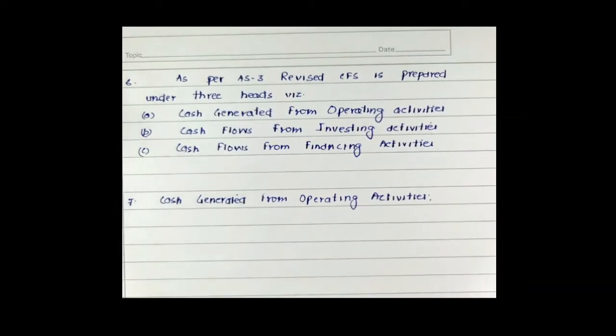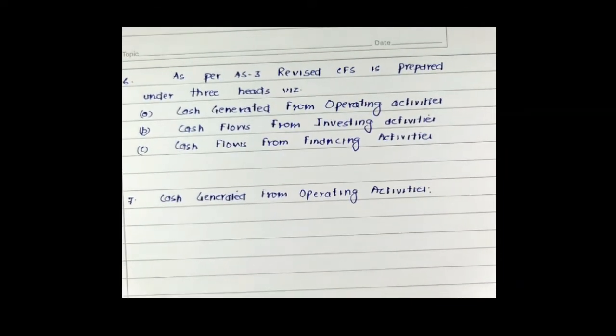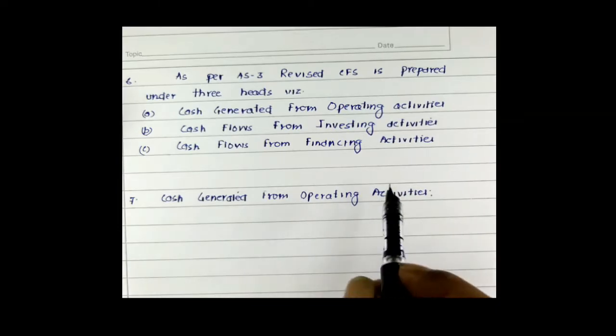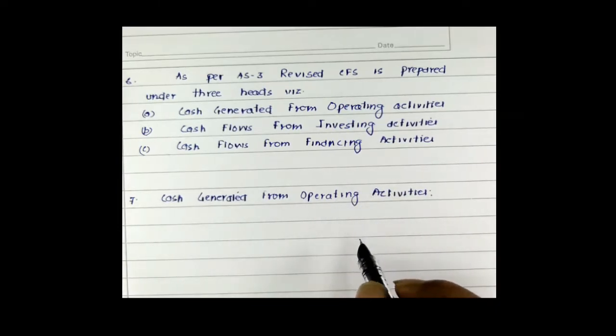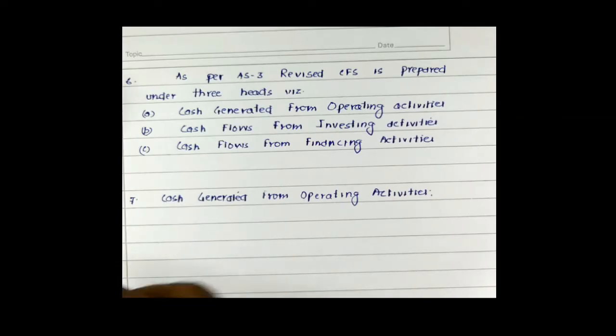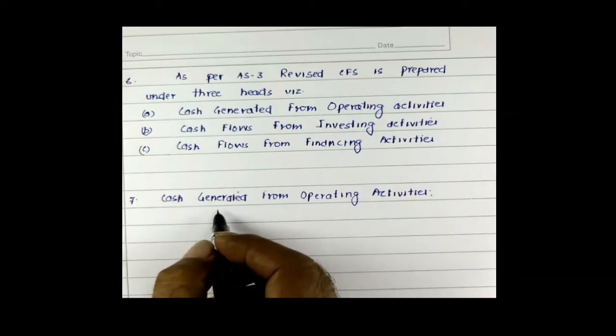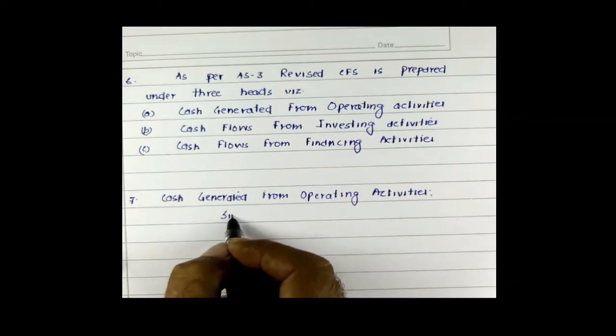Put it in simple words, these are the principal revenue generating activities. So cash generated from operating activities simply means the cash which is generated by principal revenue generating activities, and I just named those activities before you.